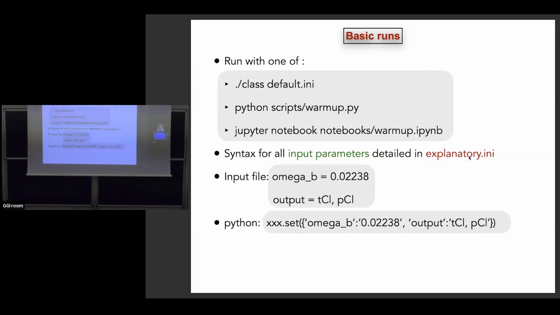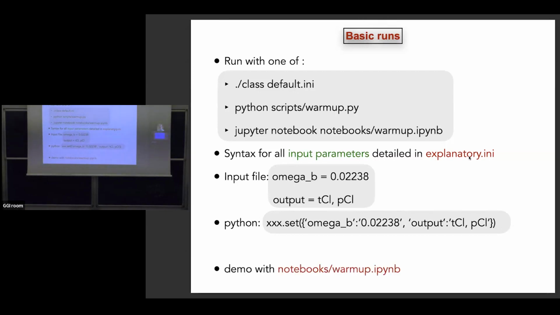If you are in Python and you have created your instance of the Class object, you set parameters with .set and then pass a dictionary. In this case, the style is that of a dictionary, with a name between quotes, colon, and the number or the string.